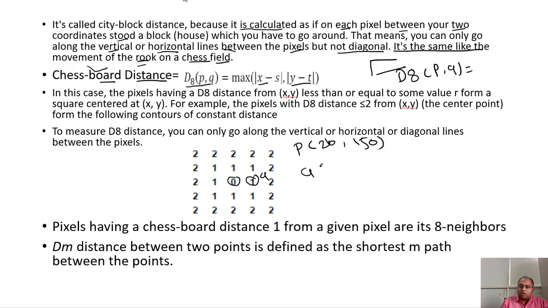Okay, so q will have the row value same, 210 as it is, but the column is the next column, right? So 151. Are you getting it? Fine. Then the formula is D8 of pq, the distance between p and q, that is nothing but the chessboard distance between p and q, which will have a maximum value.